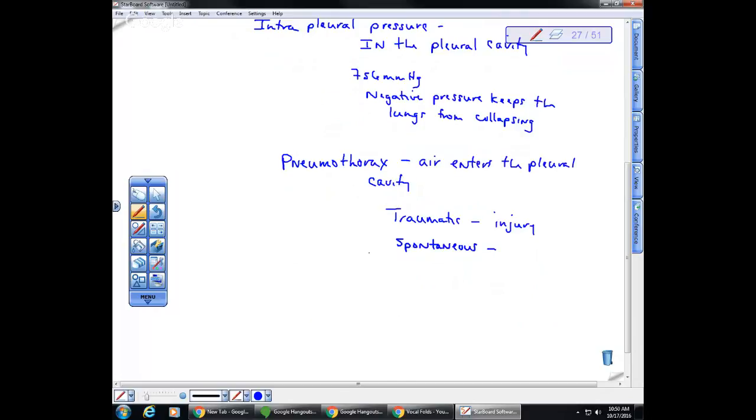And this could be due to diseases of the lung. So it could be due to chronic obstructive pulmonary disease, right? And so you get what is called a spontaneous pneumothorax. Okay. So I'm going to show you a little video that talks about the difference between these and talks about what happens when you get air in that pleural cavity.